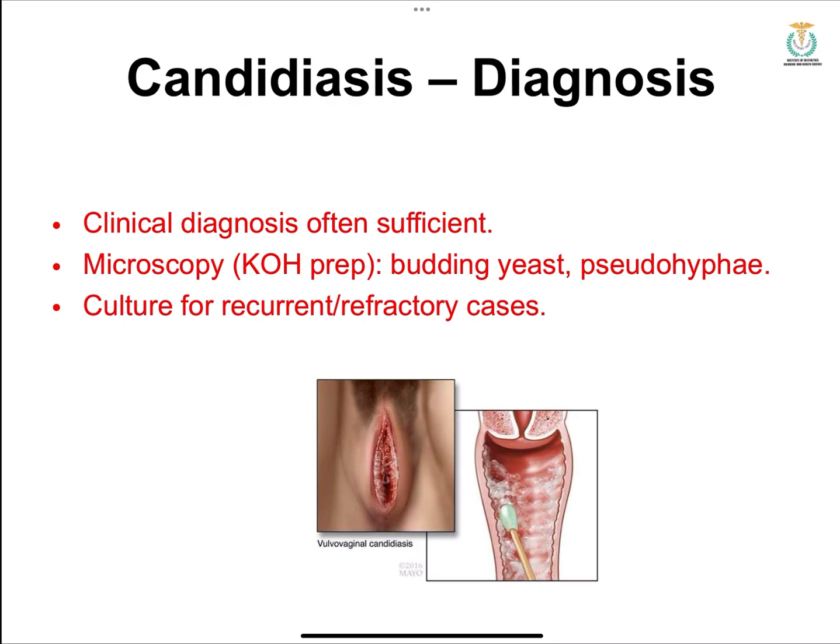In the picture, you can see vulvovaginal candidiasis and how the sample looks. You can take that sample and give it for culture in recurrent and refractory cases. So this is how you can diagnose candidiasis.